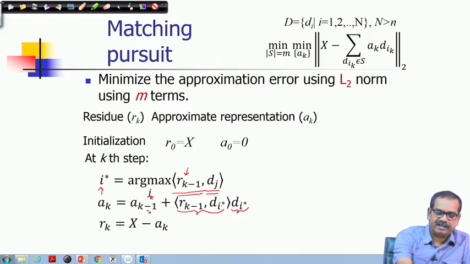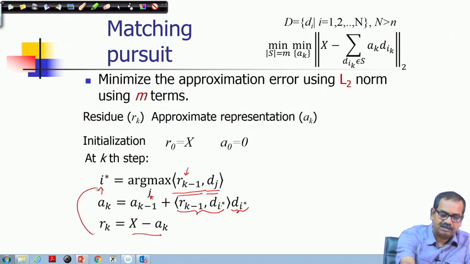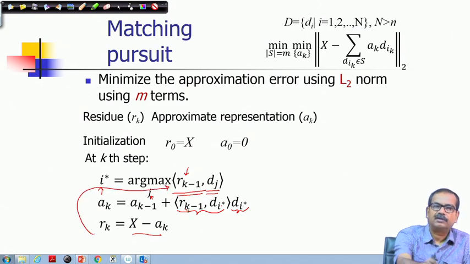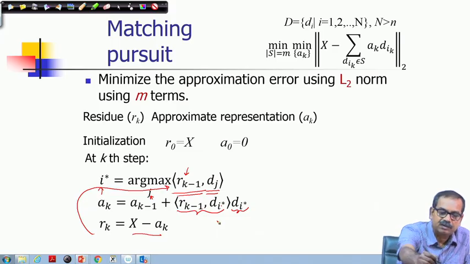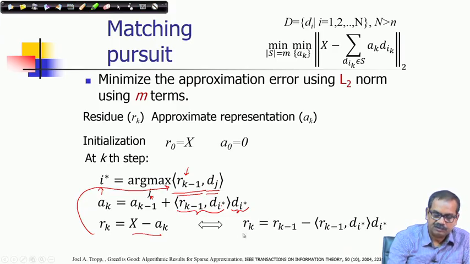You add it to A k minus 1, the previous approximation, and you get the corresponding approximate representation. Now the residue R k at the kth step would be this, and this residue is used in the next iteration for finding the next part of the approximation. You repeat this process till you get a good approximation.